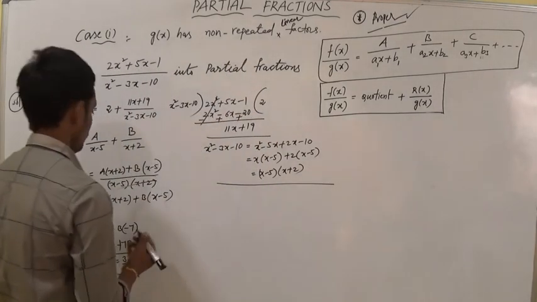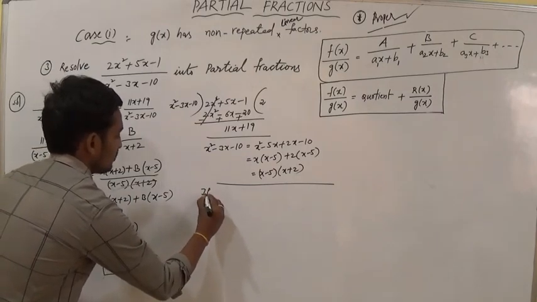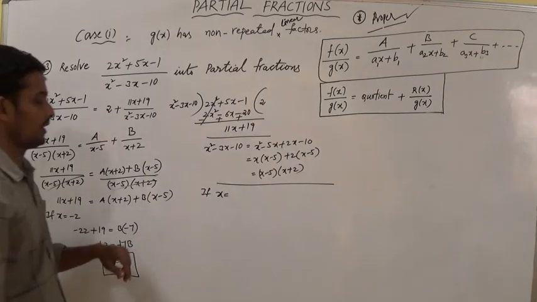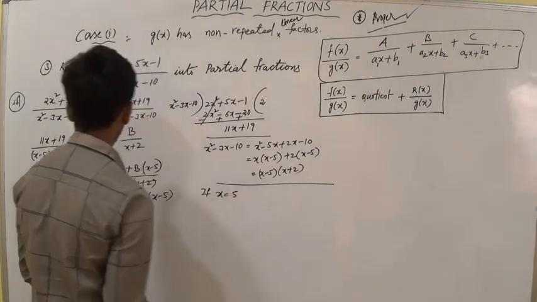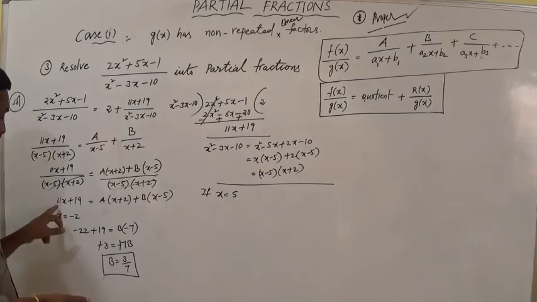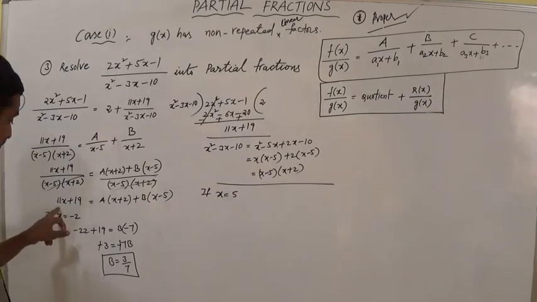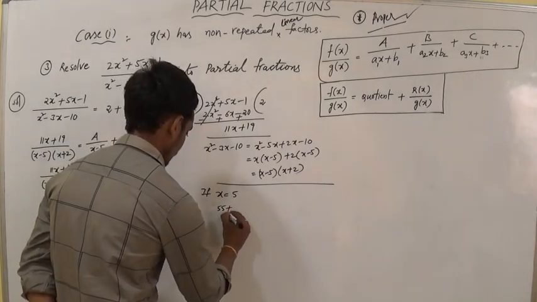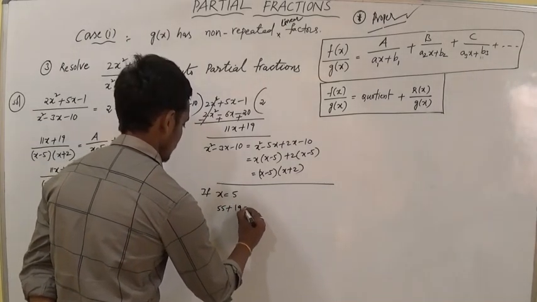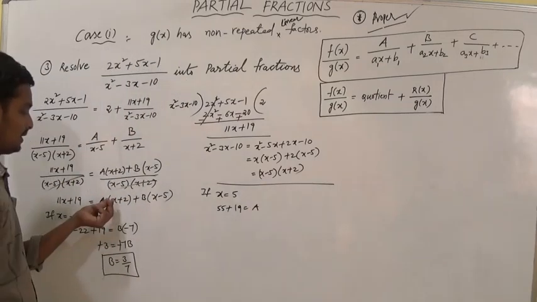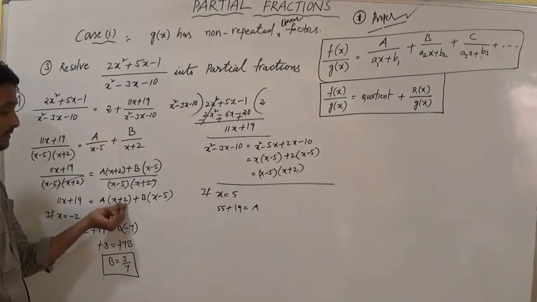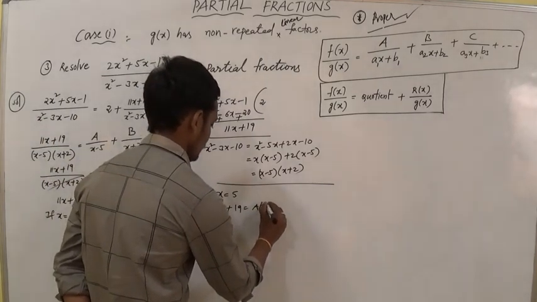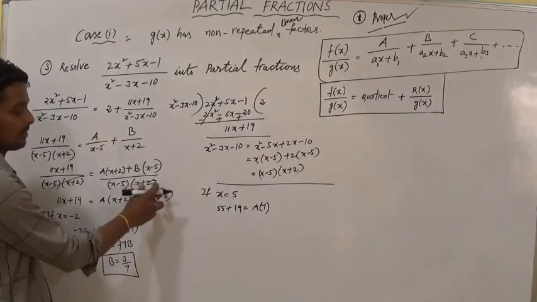In the same way, now what do we have to take? X is equal to minus 2 is completed. X is equal to 5. I am taking 5 in place of x here. 11 into 5, so 11 fives are 55, plus 19 is equal to A into 5 plus 2, which is 7, so 7A, and if we substitute 5 here, 5 minus 5 is 0.